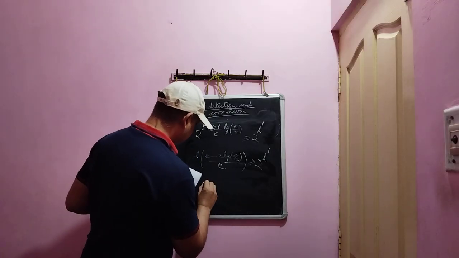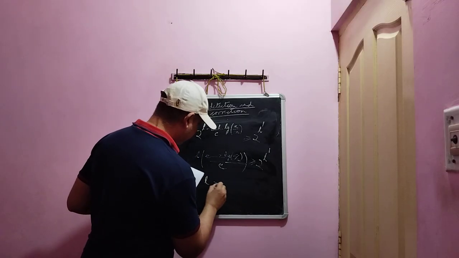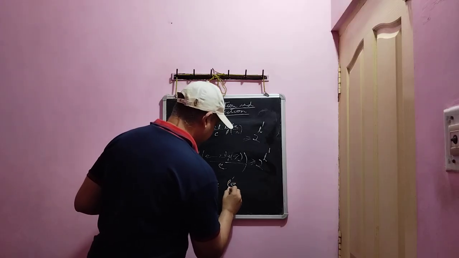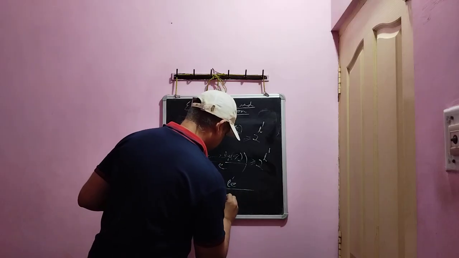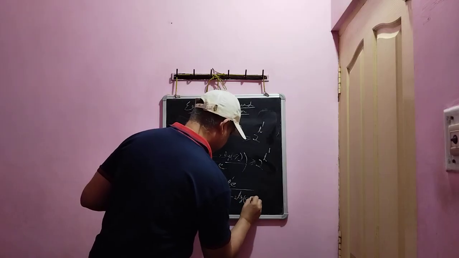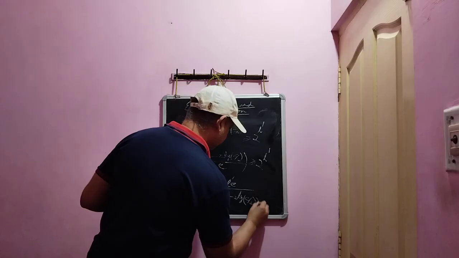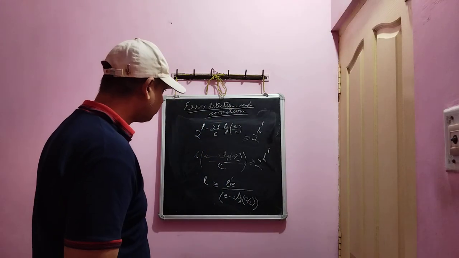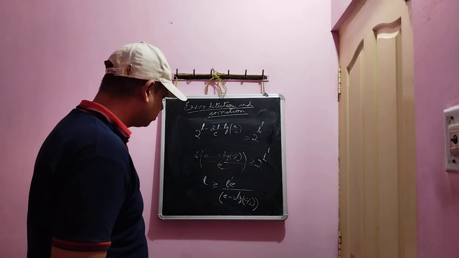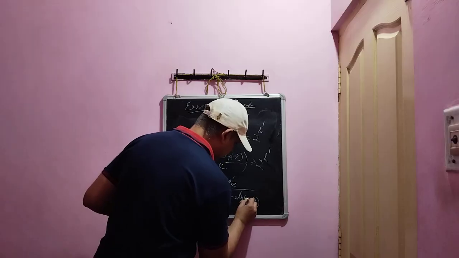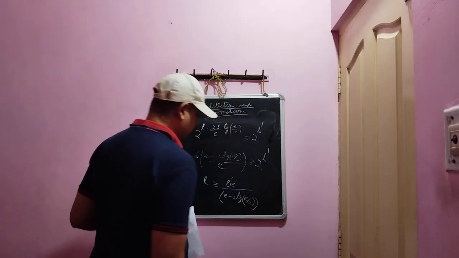Which gives us L must be greater than or equal to L dash into E by (E minus 2 times binary log of E by 2).